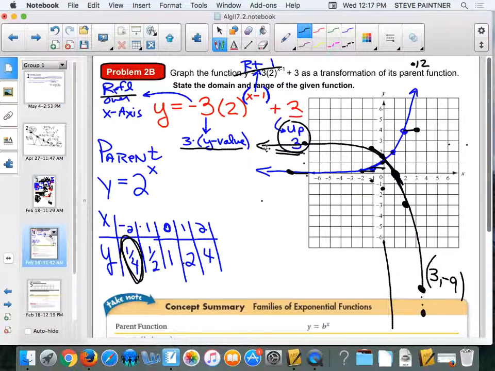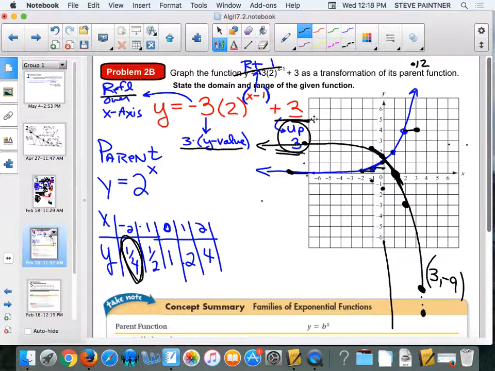Rides out on what? The x-axis. What's the only thing that's going to change this? Up or down? What moved up? We moved up what? 3 units. So basically, guys, the asymptote moves up 3 units. It's really just this number right here. This number determines where your function rides out on.